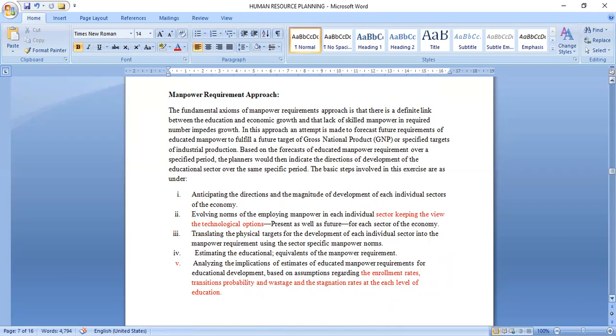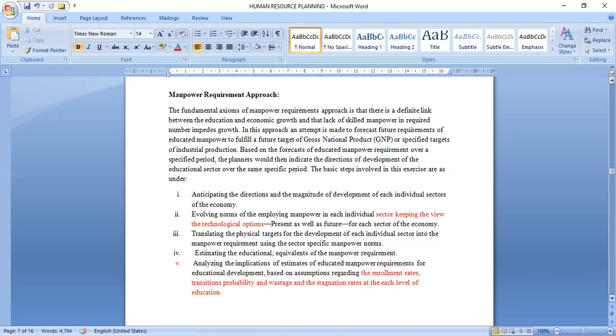This approach of education planning believes that when people are educated, at the end of the day, they will end up being productive. They will become entrepreneurs. They will start up their own jobs, employ other people, and pay taxes to the government, which will increase the national income, which we call the gross national product.